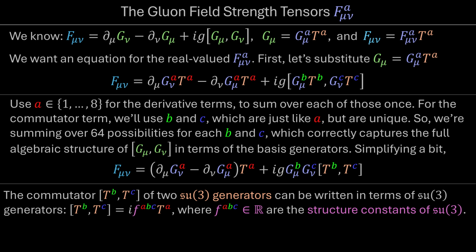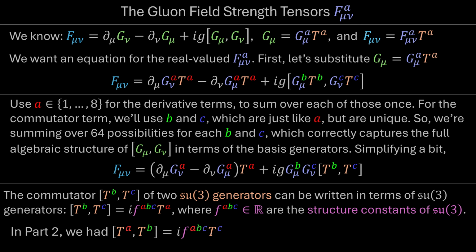Now, the very astute observer will remember that in part 2, we defined this equation a little bit differently. There, we said that the commutator of T A and T B is equal to i f A B C summing over T C. So in other words, we switched the indices around a little bit relative to what we have here. And you might think, oh no, we got our indices mixed up. Because relative to what we wrote before, here we should actually put f B C A in order to have the indices being consistent.